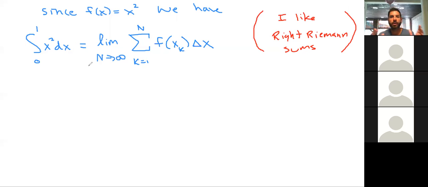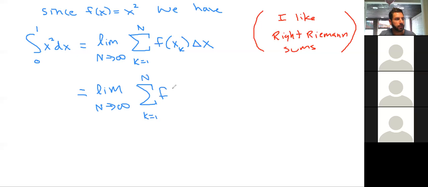I'd like you to see both, because sometimes our brains don't interpret it right away. So if I keep it in this compact sigma notation, what is my x sub k? If you go back to the previous page, you'll notice that the x sub k's are k over n, and your delta x is 1 over n.